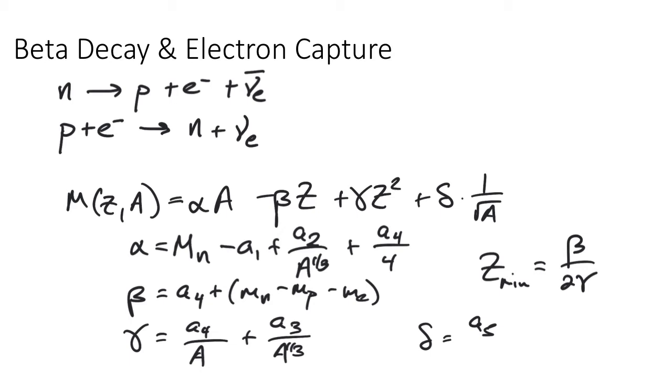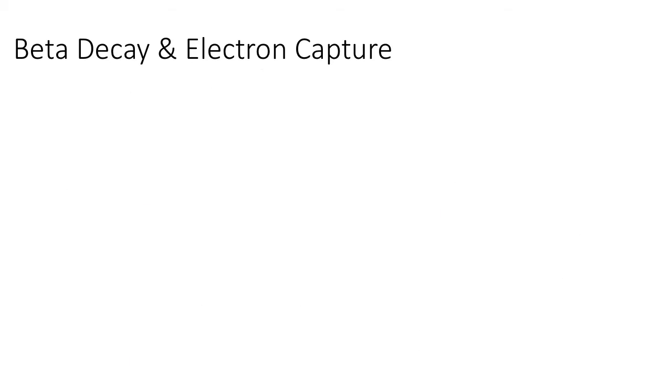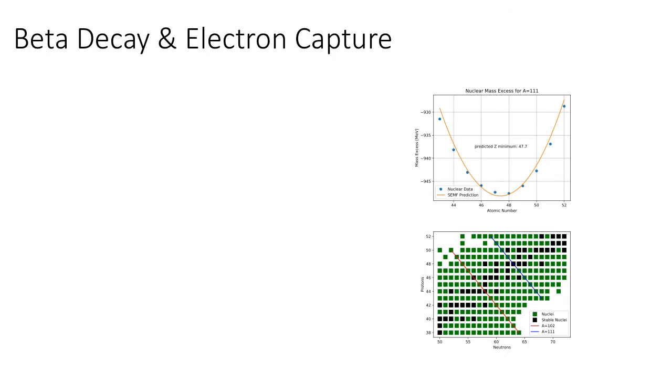So then let's look at a couple examples. First for odd A, where the delta parameter is 0. And in particular, let's pick this case of an A of 111.